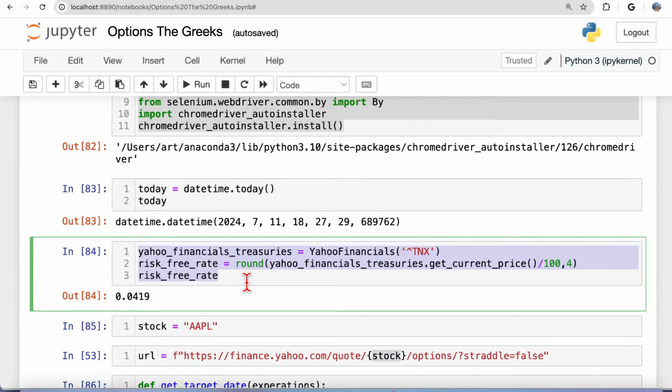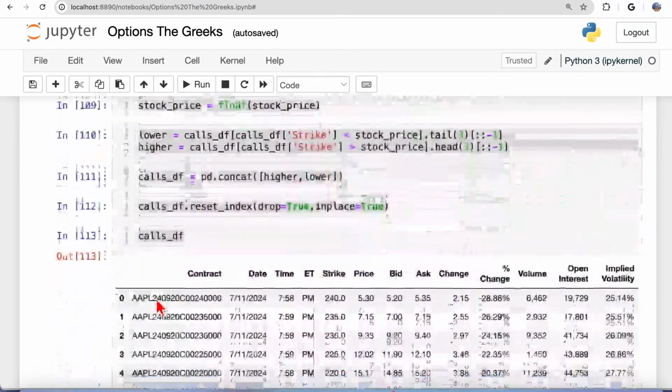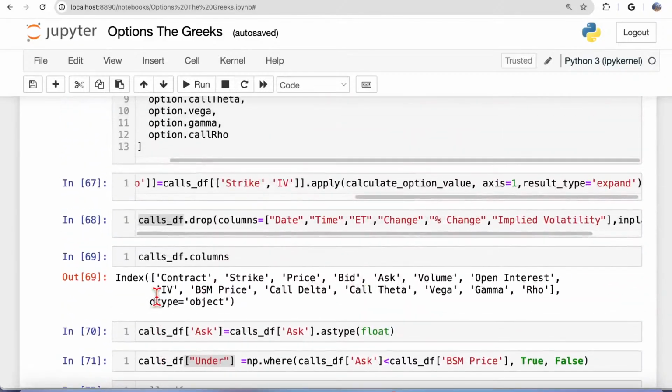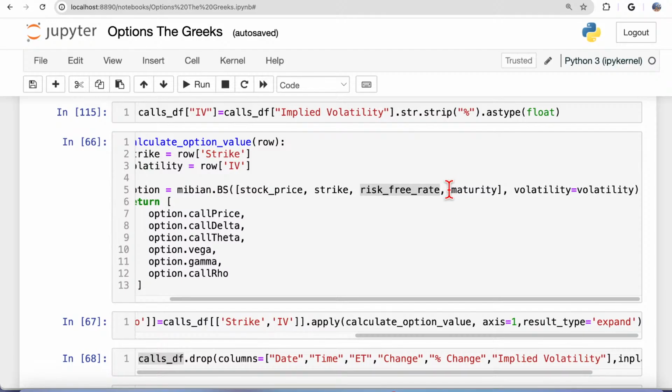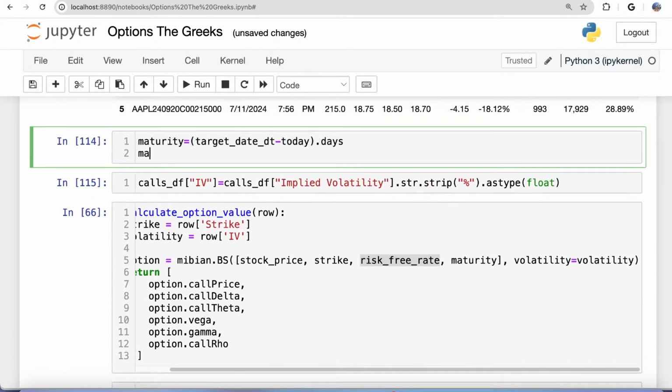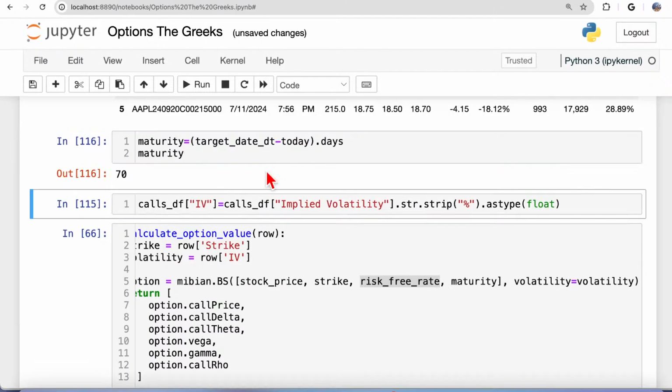They want to see what's going on in the market. So you see we fetched it here, so that would be our risk-free rate. And what else? Maturity, that's defined here, that would be the number of days. So here, if you want to see that maturity, that would be 70 days. You see, 70 days.